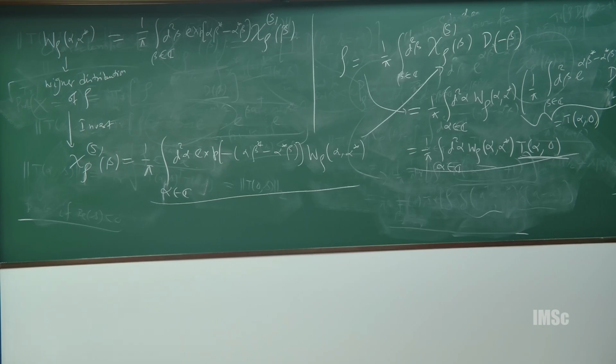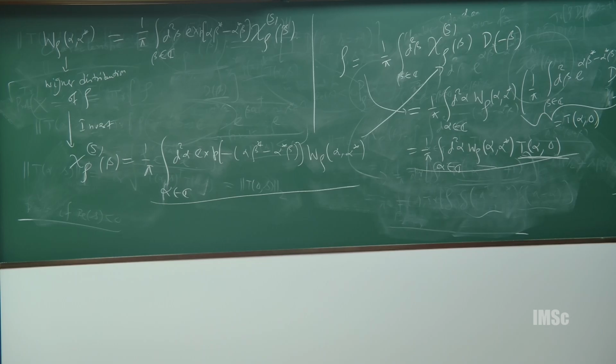Now, I mentioned today itself that your T of alpha s has this representation: 2 by 1 minus s, D of alpha, times s plus 1 by s minus 1 raised to a dagger a, D of minus alpha.